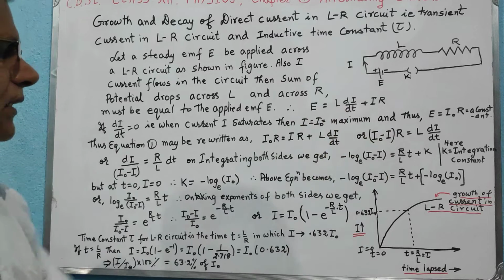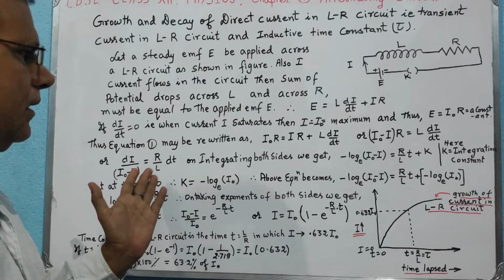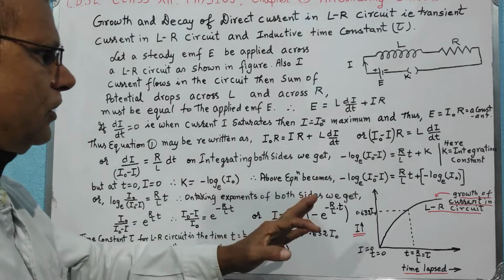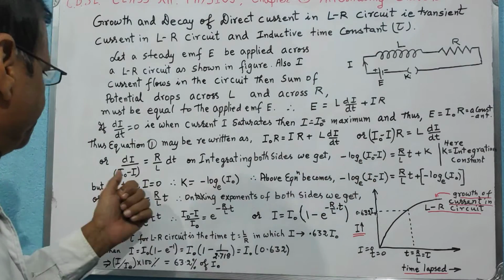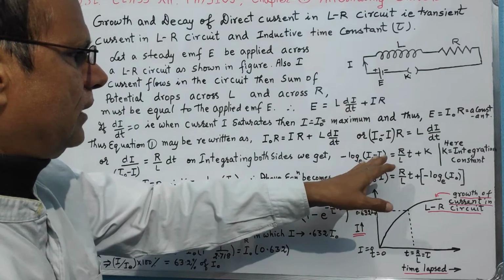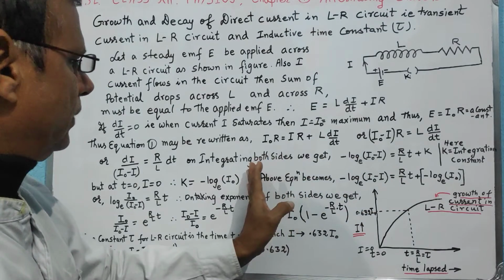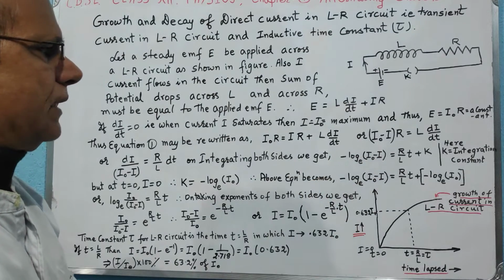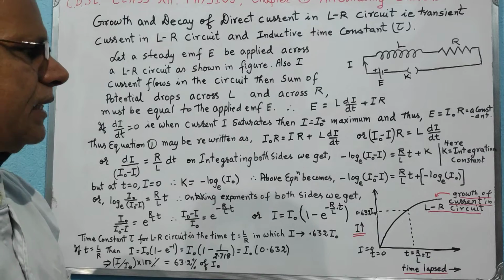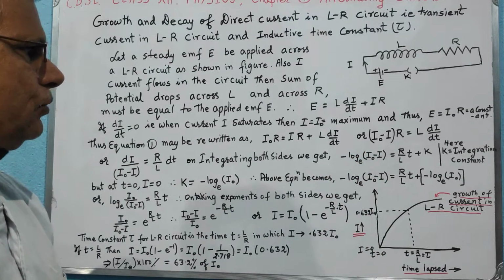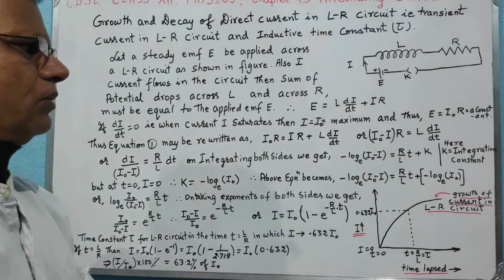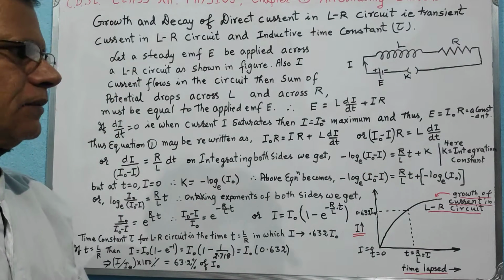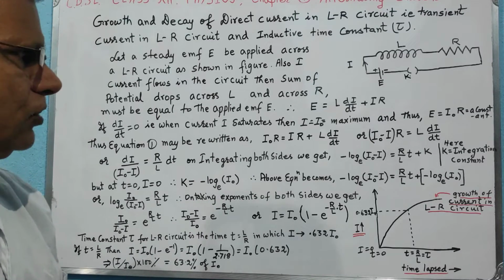On integrating both sides, I0 is a constant, so on doing the integration we get minus log to the base e of (I0 minus I) equal to R by L into t plus a constant K, which is known as the constant of integration.